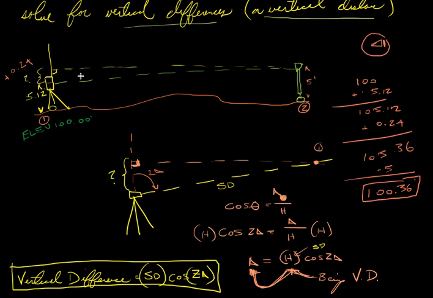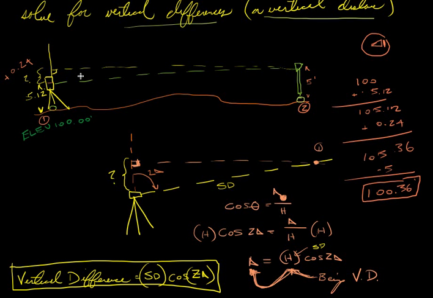That's called vertical eccentricity, which means that the cosine of your zenith angle multiplied by your slope distance is going to be different. You're going to have two vertical distances that are different from each other.